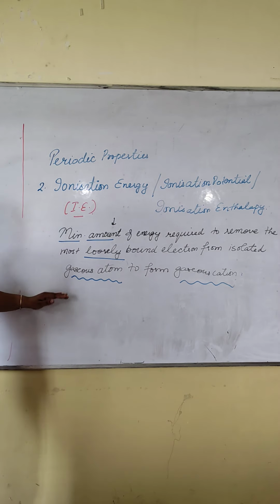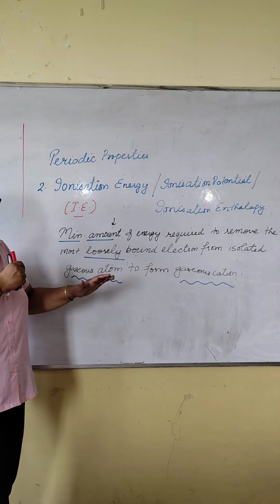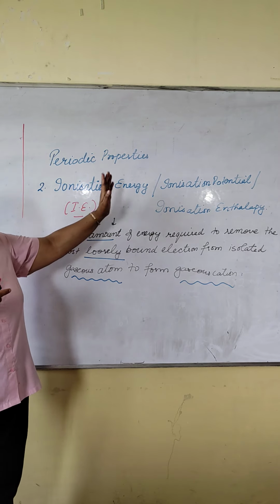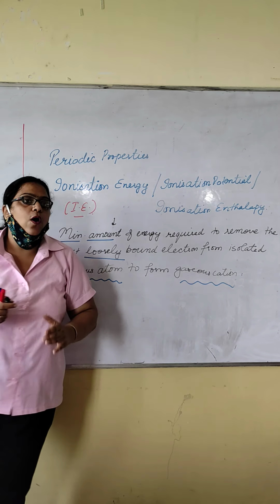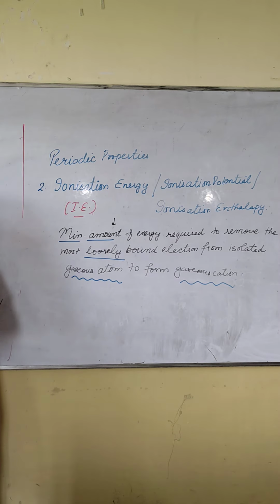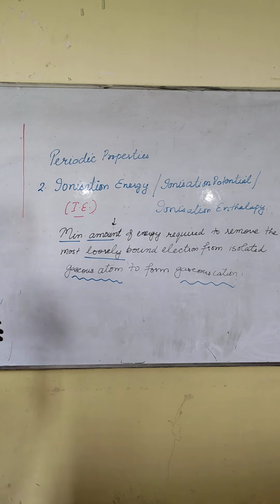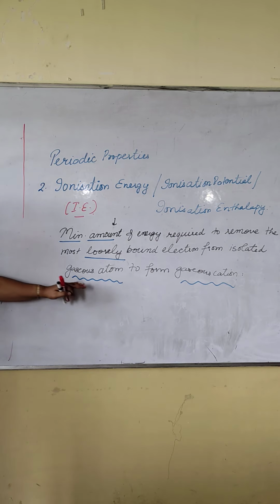So the energy required to remove that electron is your ionization energy, ionization potential or ionization enthalpy. Or you can also say it is the energy required to remove the electron from the ground state of the atom. Okay? You can also write this definition. Now, why gaseous atom?